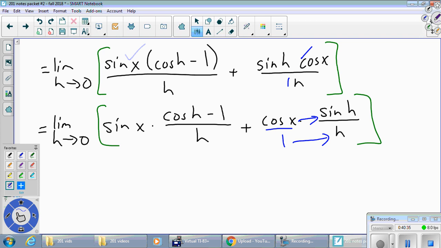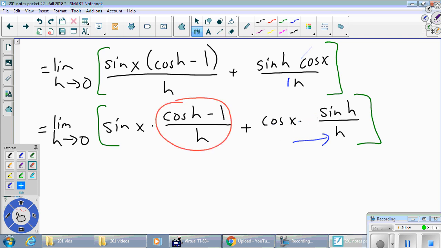Okay, and now finally, I get something good. This thing should look familiar. It is inside of a limit as h goes to 0. And we guessed up above, looking at that table from my graphing calculator screenshot, that the limit as h goes to 0 of cosine of h minus 1 over h is 0. That was our guess.